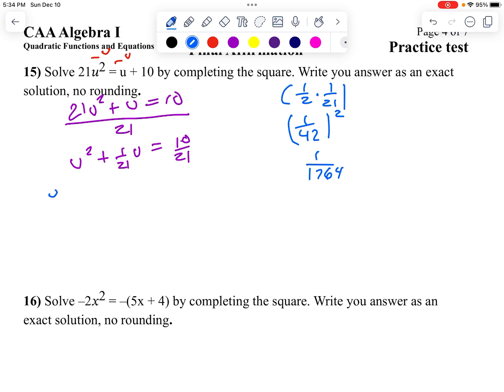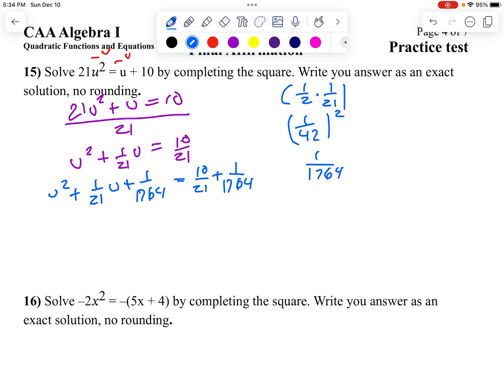So I'm going to say u squared plus 1 over 21u plus 1 over 1764 equals 10 over 21 plus 1 over 1764.